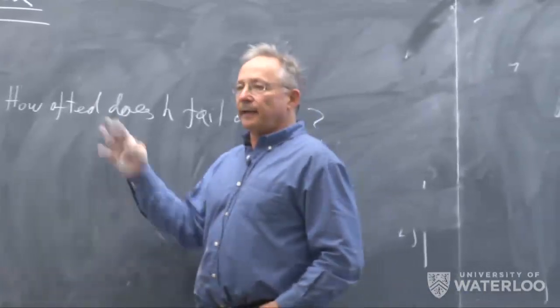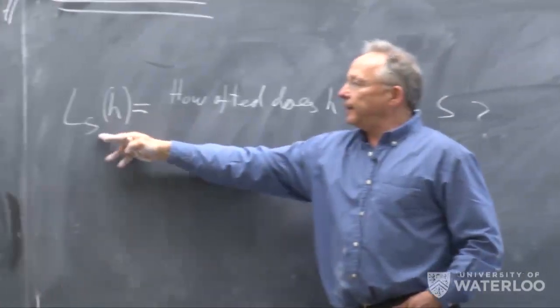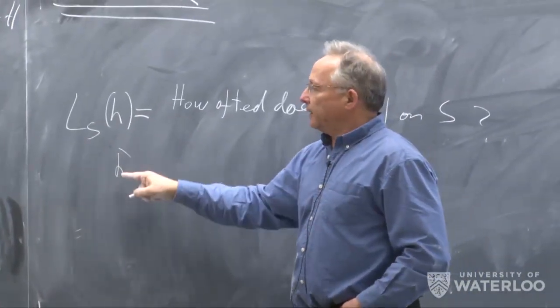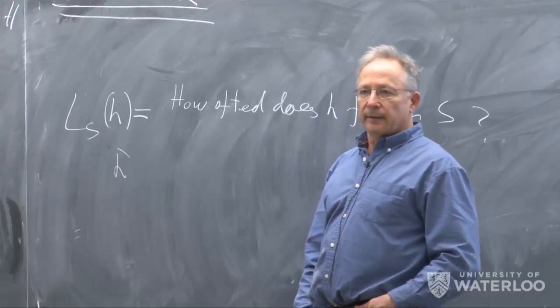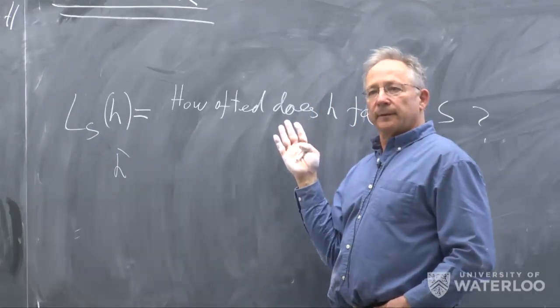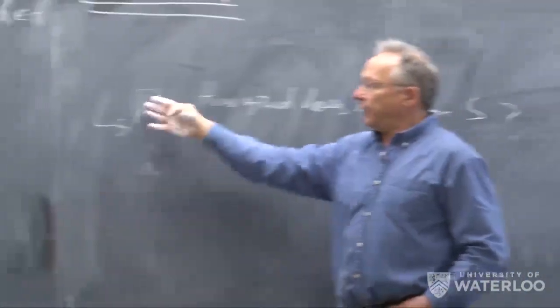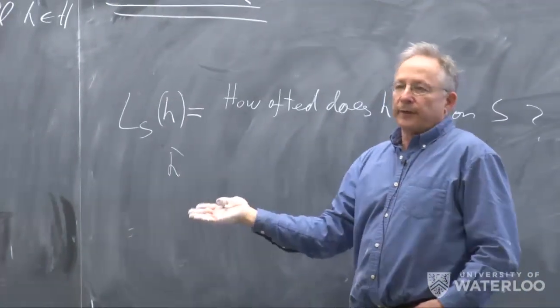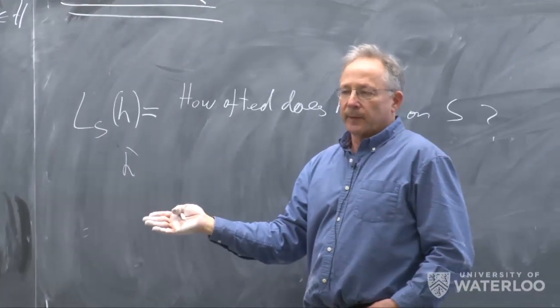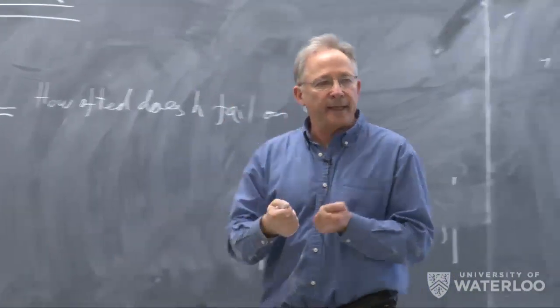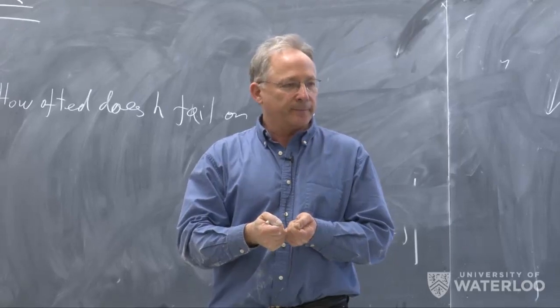Now, if I have another h that has the same behavior, if I have h prime that has the same behavior on S, for me they're the same. Because if I count how often does it fail, h prime and h, if they agree on S, they will fail the same number of times. So I only care about behaviors on S.